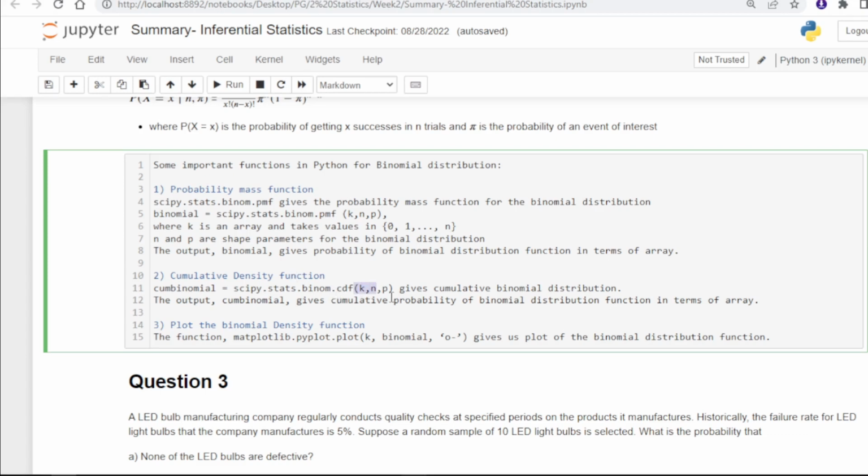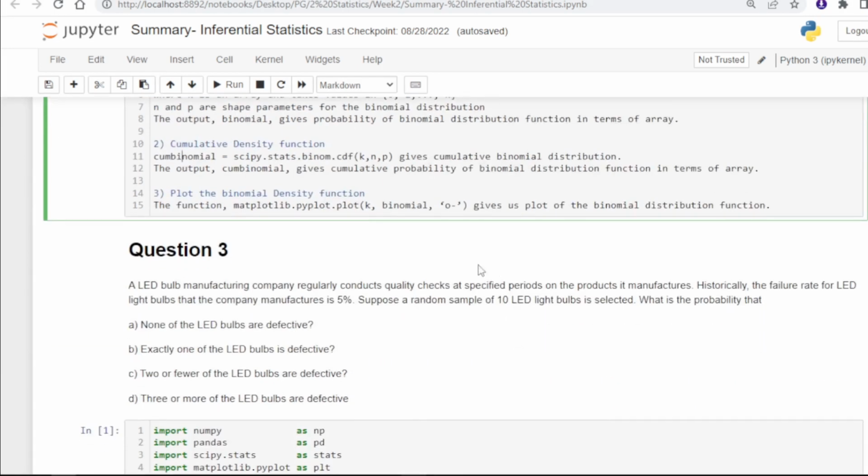Again we pass k, n, p, the same values as here, where k is an integer up to n, and n and p are the shape parameters for this CDF function. This gives the cumulative binomial distribution. The output will give the cumulative probability of the binomial distribution function in terms of an array.